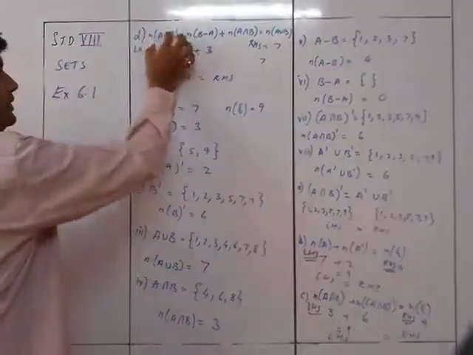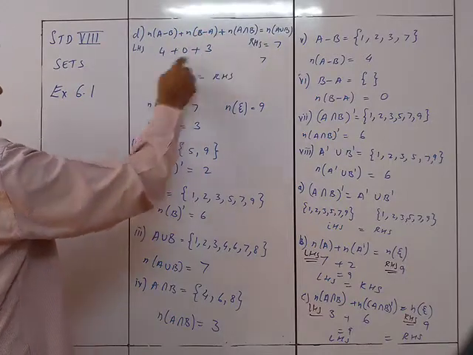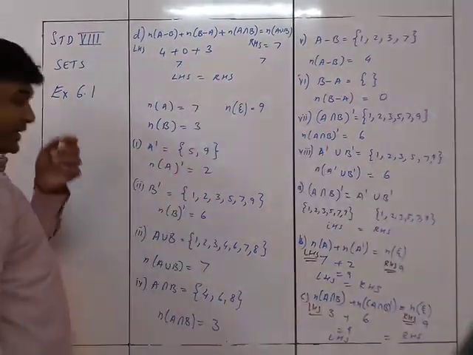Here also the same thing. This plus this is 4 plus 0 plus 3 is 7. This is also 7. So LHS is equal to RHS, hence proved.